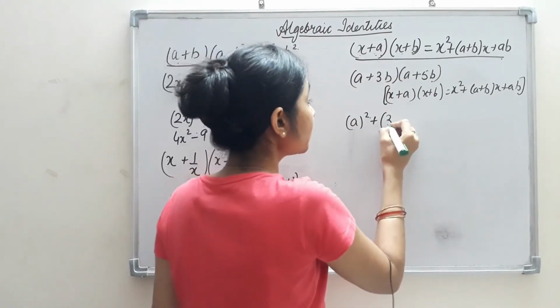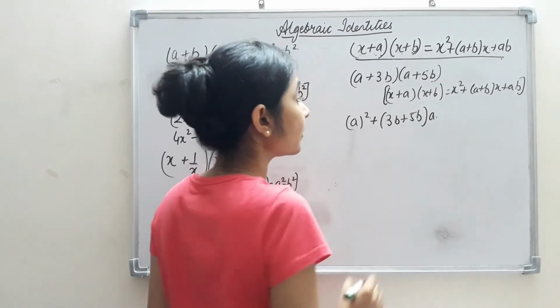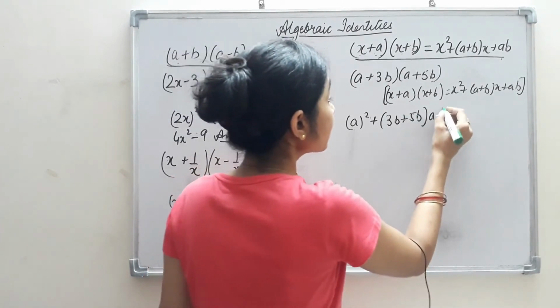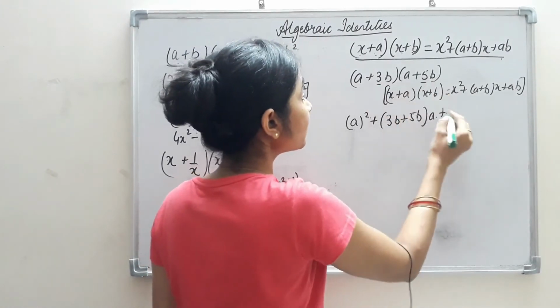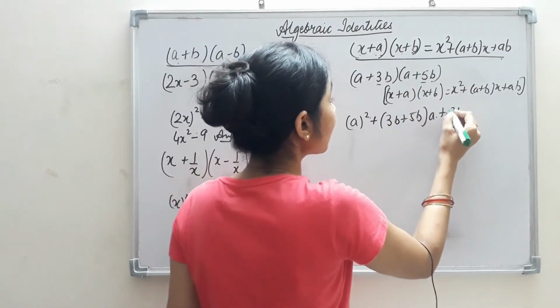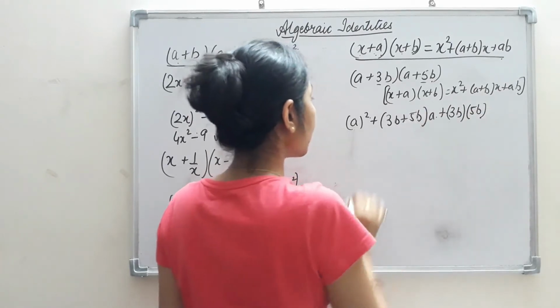So (3b plus 5b) multiplied by a, that will be the second term. The last term will be a into b, that means in place of a we have 3b and in place of b we have 5b. So 3b multiplied by 5b, that will be our answer.